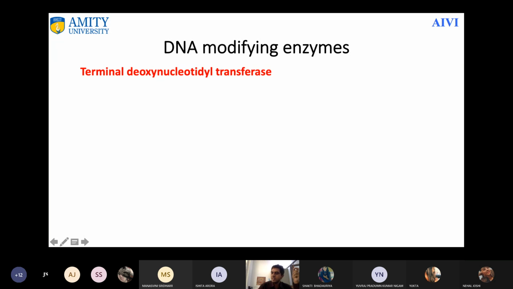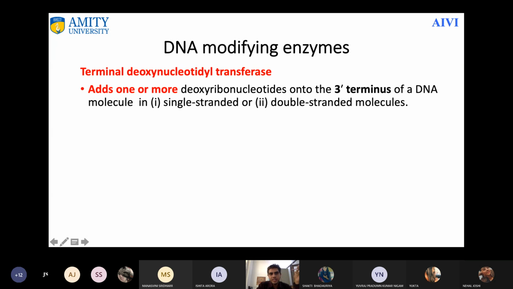Terminal transferases do not require a template in transcription. They add one or more dNTPs to the 3' terminus of single-stranded or double-stranded molecules. Depending on the type of strand they act on, there are single-stranded transferases and double-stranded transferases.